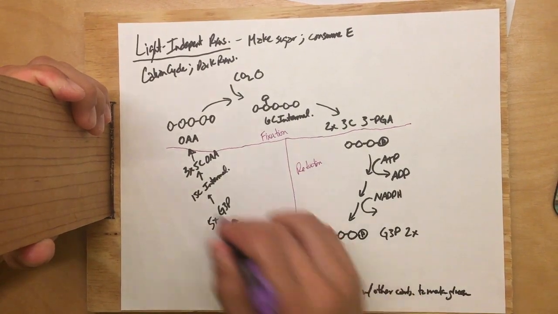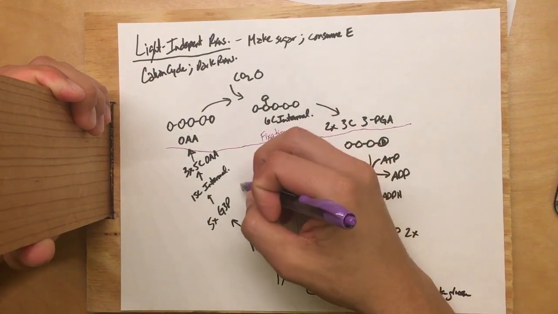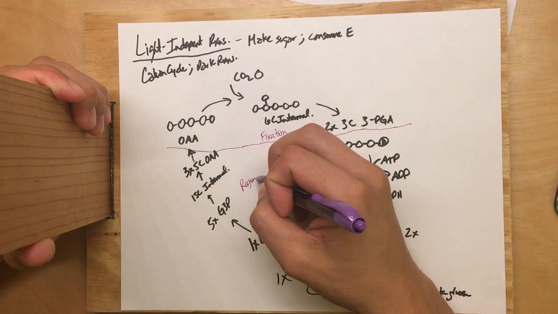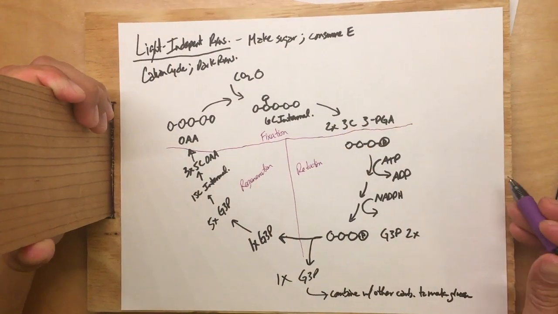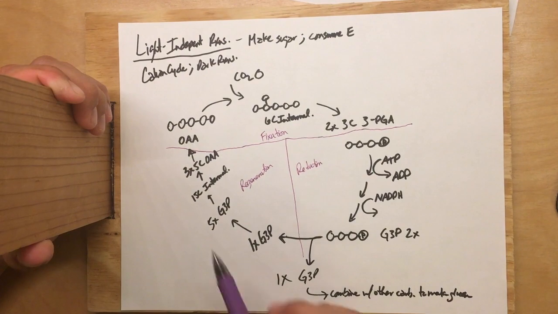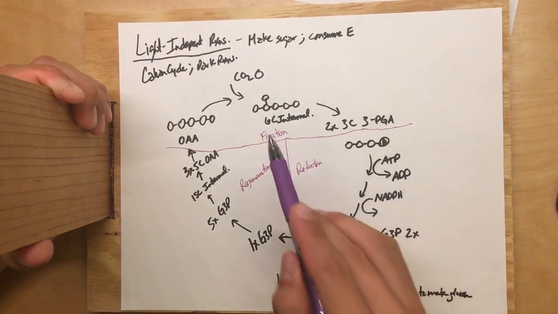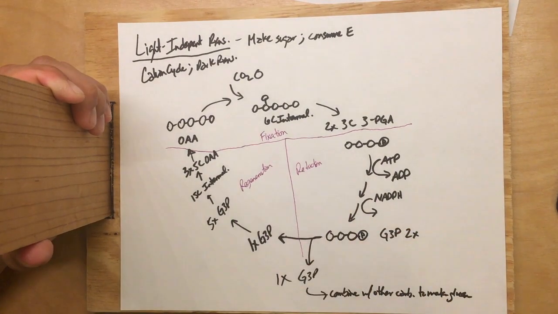Now you're just concerned with getting back to where you began with. And so this third part is called regeneration. And during regeneration, you are trying to remake the molecule that you began with. So we've got fixation, reduction, regeneration. And those are the 3 parts of the light-independent reactions.